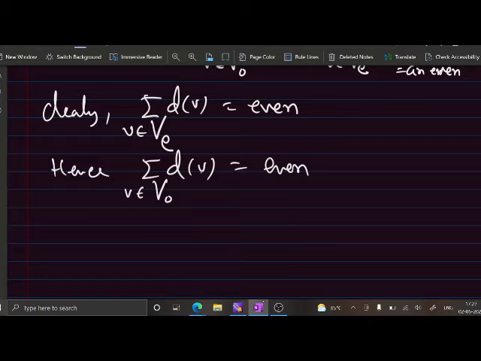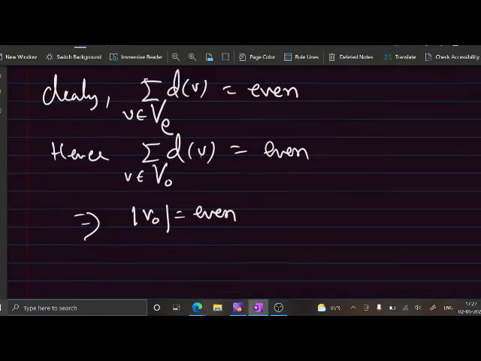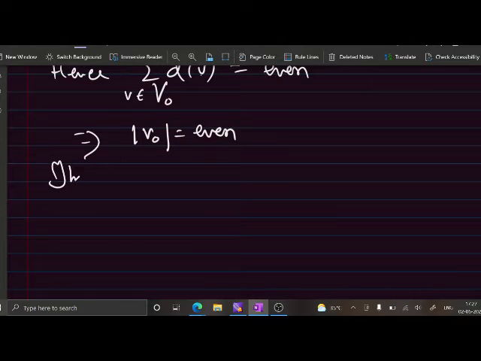So this implies the cardinality of V0 is even. So this proves the theorem.